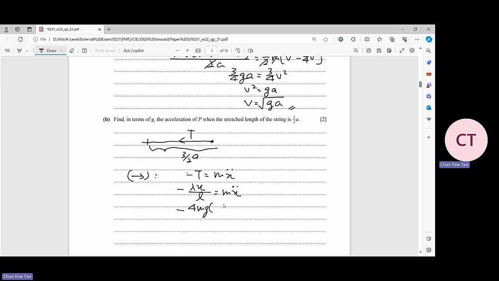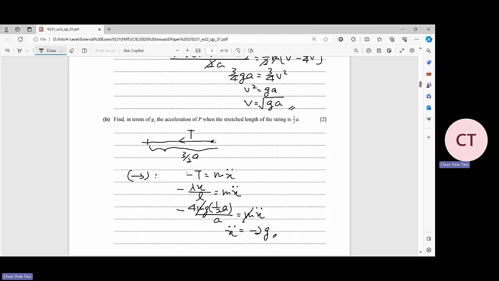My x, the extension, is actually half a, divided by a. So your a will be cancelled off. Then you will get negative 2g, yes, correct, negative.